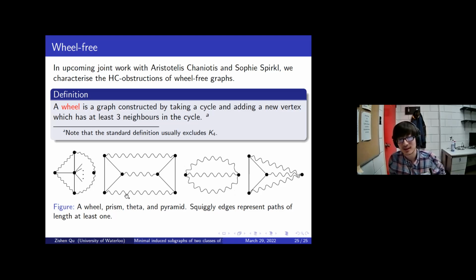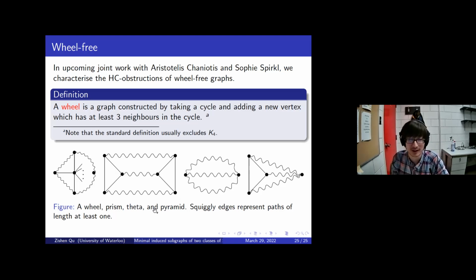Suppose these paths are longer than length one. Any potential Hamiltonian cycle will have to contain the entire paths. So if you add in that one edge between the ends of the path, it's not going to help you obtain a Hamiltonian cycle. I mean, it's not exactly these configurations, but it's related to these.